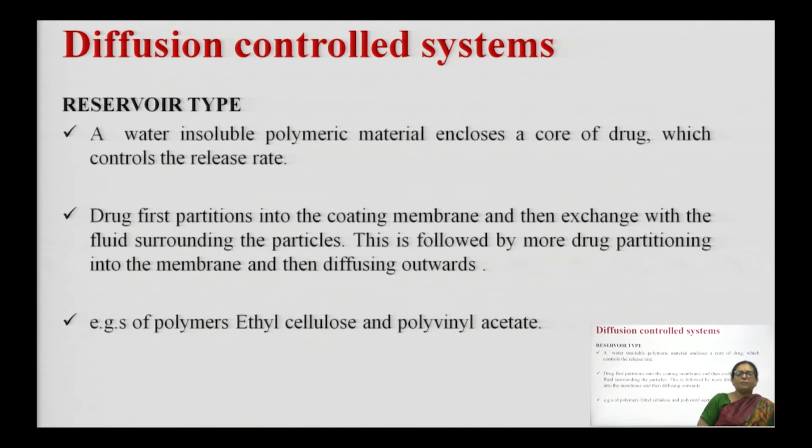This is followed by more drug partitioning into the membrane and then diffusing outwards, right. Examples of polymers used for making reservoir type of diffusion controlled release systems are ethyl cellulose and polyvinyl acetate.